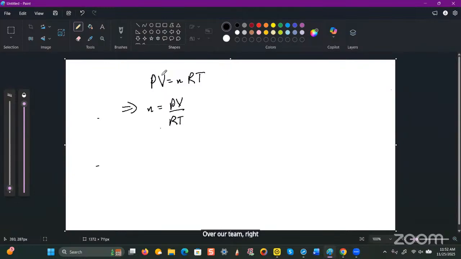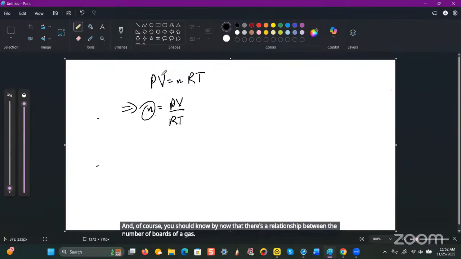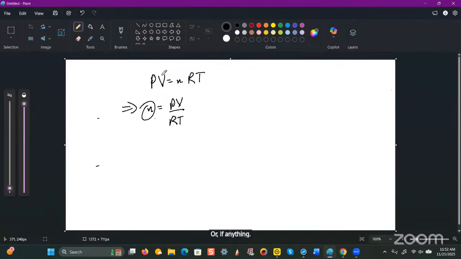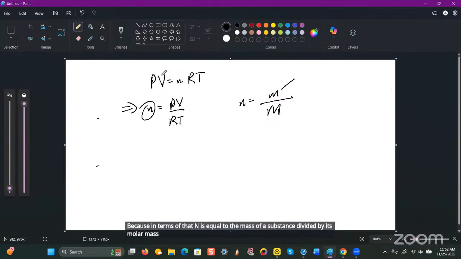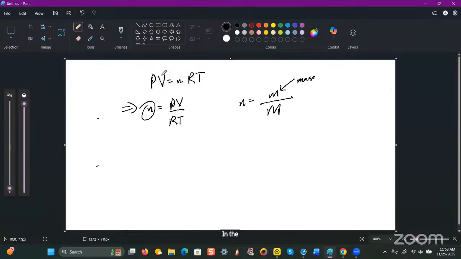Now, n is a number of moles, and you should know by now that there's a relationship between the number of moles of anything and its mass, because n is equal to the mass of a substance divided by its molar mass. Lowercase m is the mass in grams, and uppercase M is the molar mass.